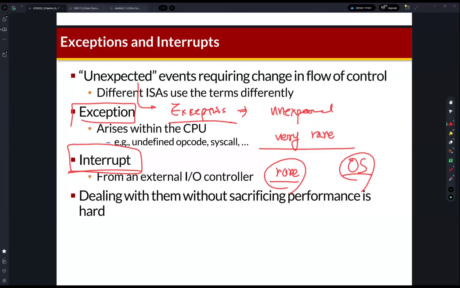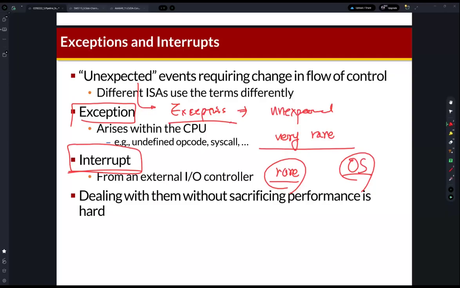The CPU calls using the jump instruction. The CPU calls a function, and when the function is complete, it returns to the return point, and this return point is stored in the return address register.